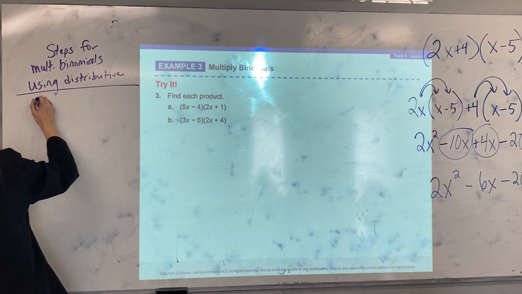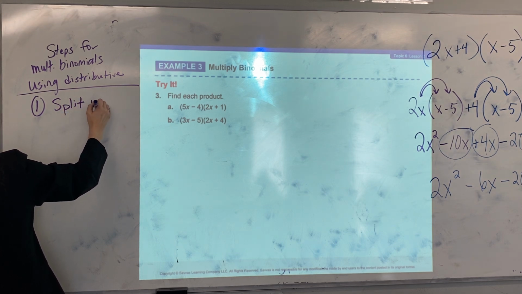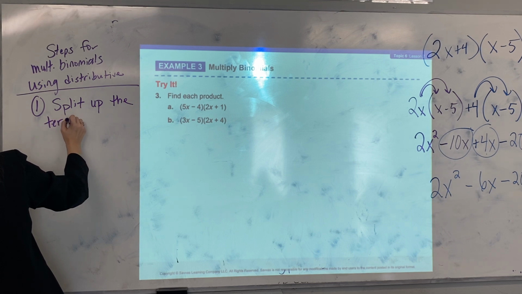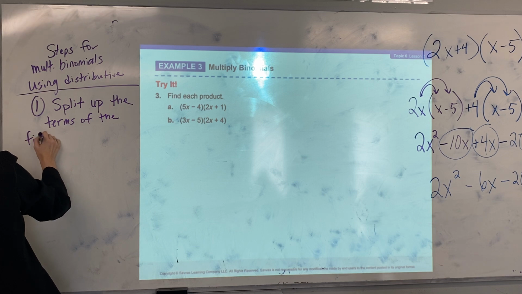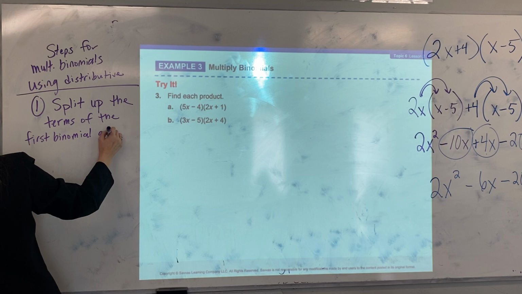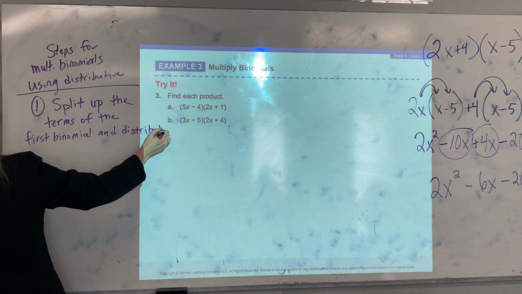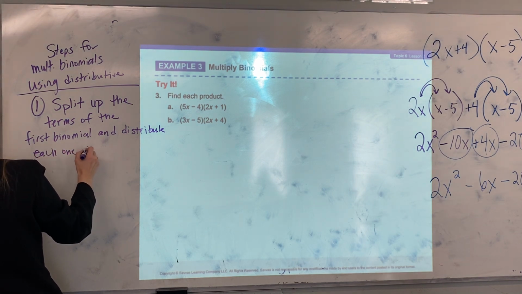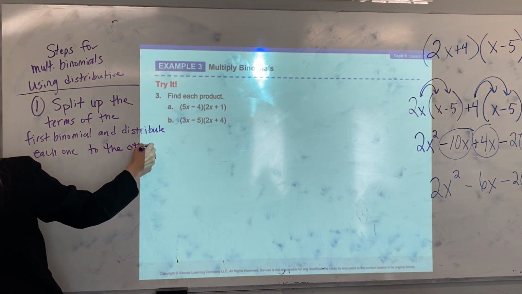Step 1 is split up the terms of the first binomial and distribute each one to the other binomial.